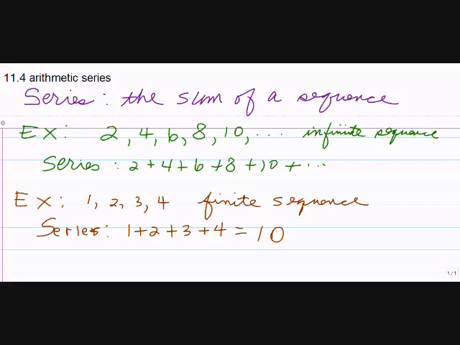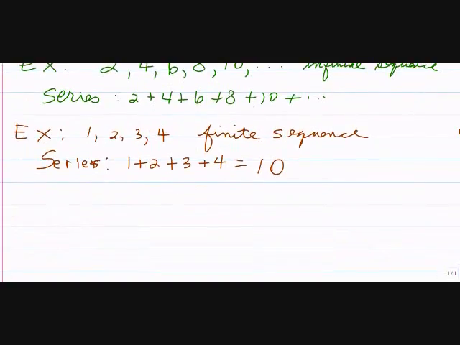Okay. So if I just got 4 numbers, it's going to be pretty easy to write them all down and sum them in my calculator. But let's say I had, going to a different color pen now, the finite sequence 1, 2, 3, 4, up to 20.